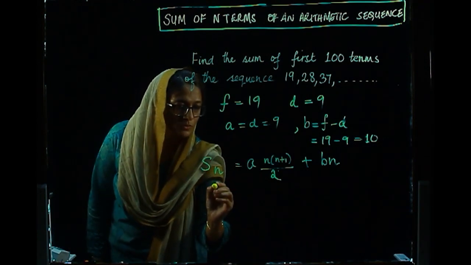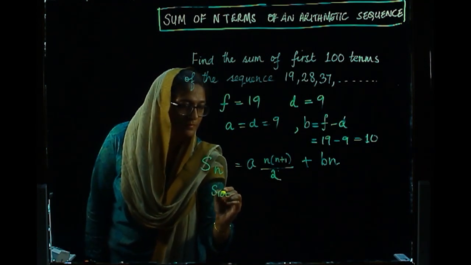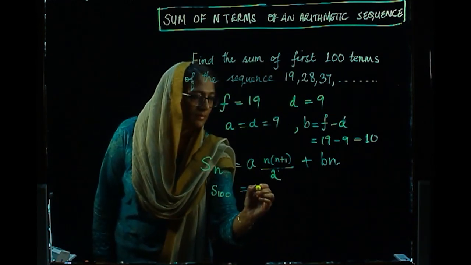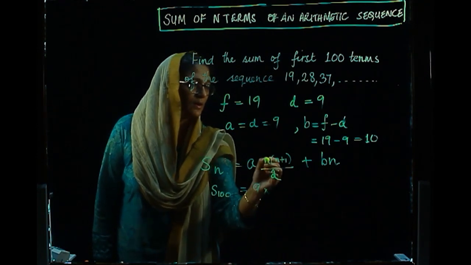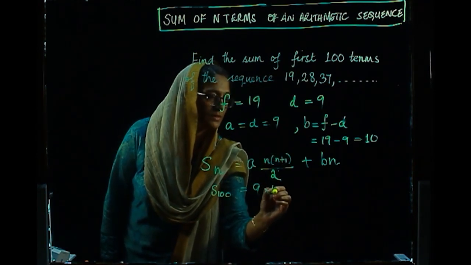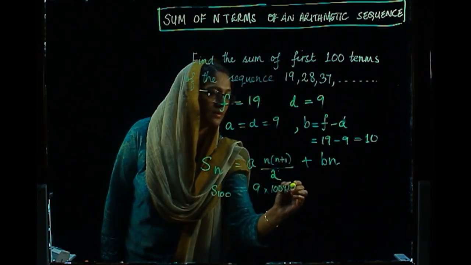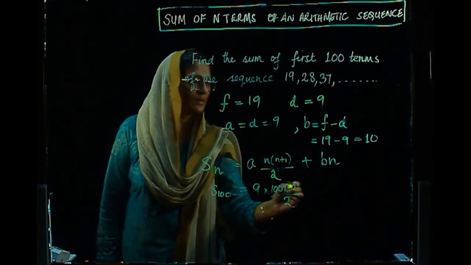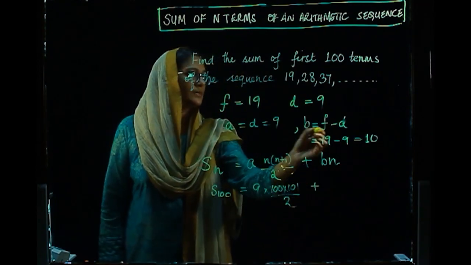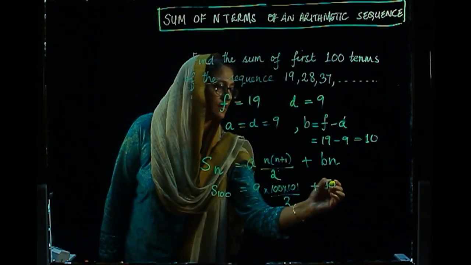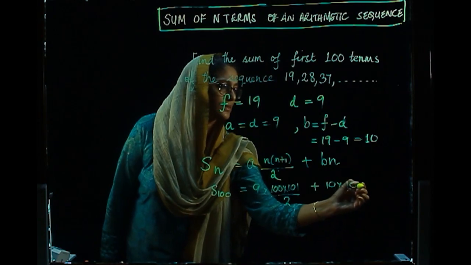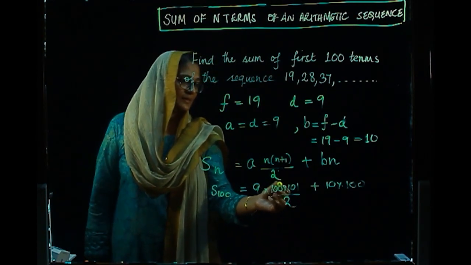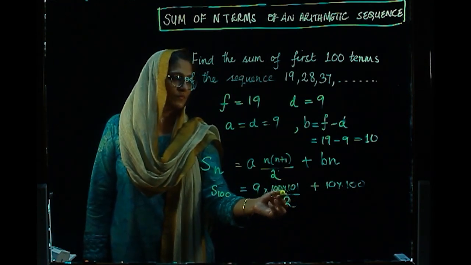Let us substitute the values. N is 100, so the sum of 100 terms is equal to a is 9, 9 multiplied by n into n plus 1, so 100 into 101 by 2, plus b is equal to 10, so 10 multiplied by 100. Here we have 9 multiplied by 100 multiplied by 101 by 2.